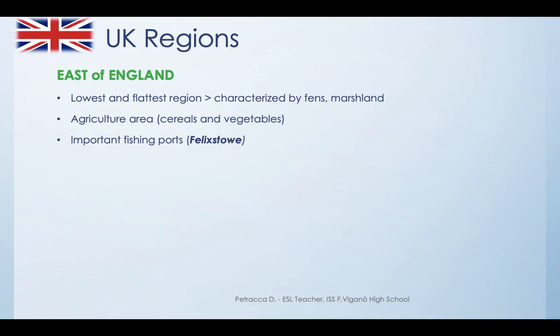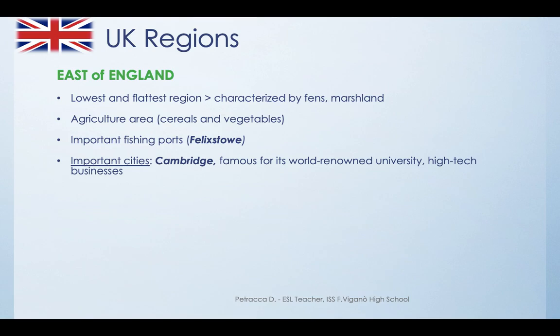It is an area important for fishing ports. Felixstowe is one of these fishing ports. If we mention some important cities, we should mention for sure Cambridge, which is famous for its world-renowned university and high-tech businesses.